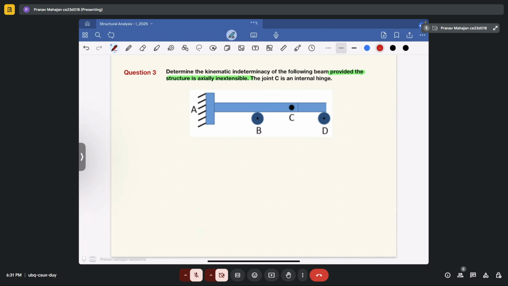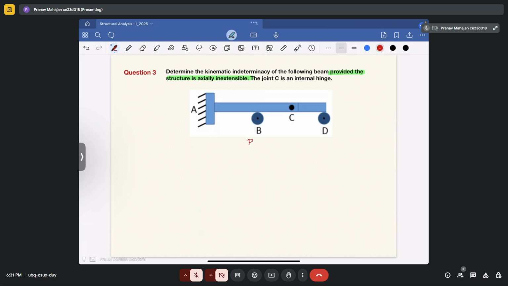So in that case, for the roller support, you will have only 1 degree of kinematic indeterminacy, equal to 1. And that comes out only due to the moment, not because of axial force or horizontal force, due to the condition provided in the question, where it is mentioned that your structure is axially inextensible. Fine. Similarly, in this question, you are provided with two roller supports.